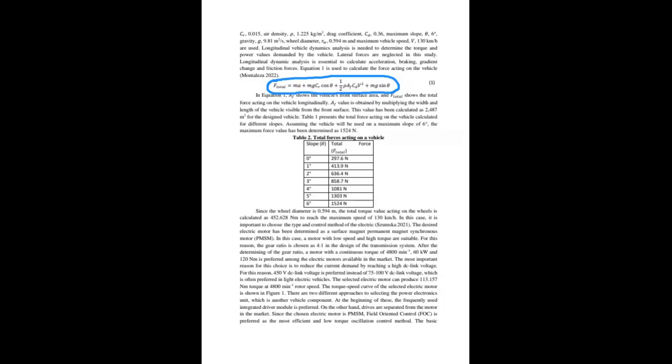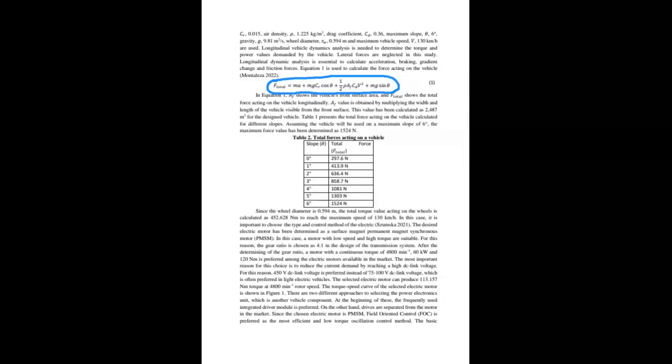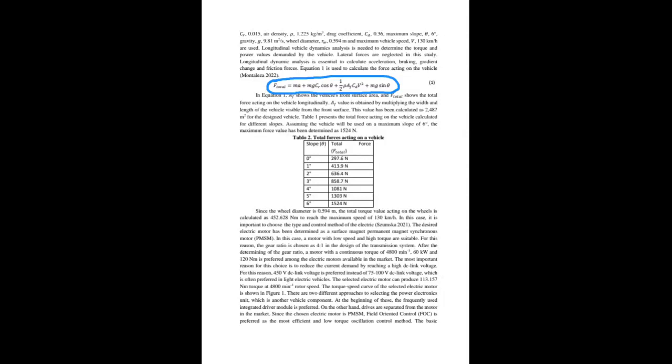This is the diameter; in this calculation we need radius, force times diameter over 2. Total torque value acting on the wheels is calculated 450 Newton meter to reach the maximum speed of 130 kilometer per hour.